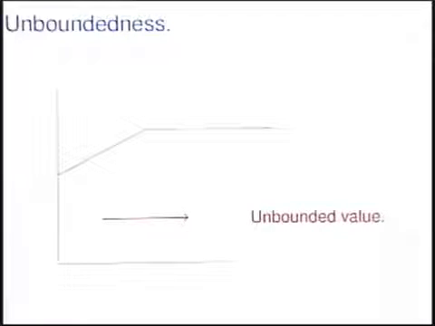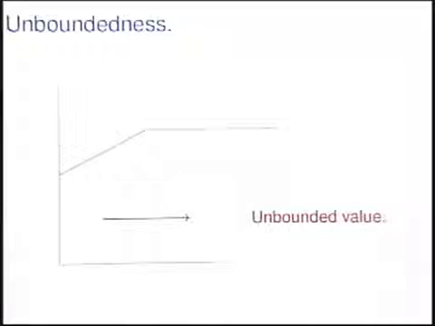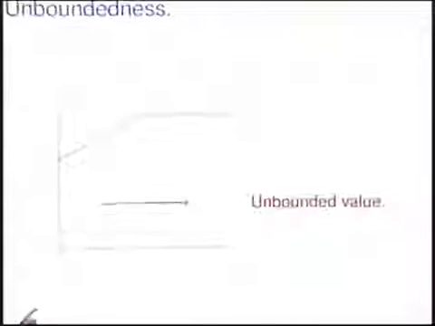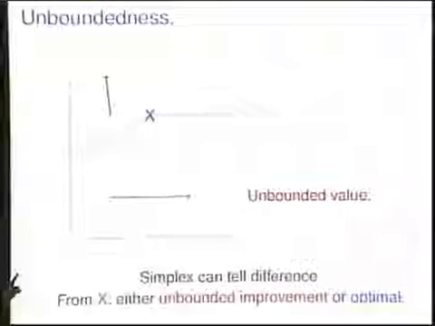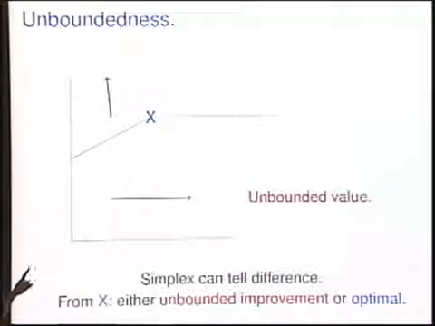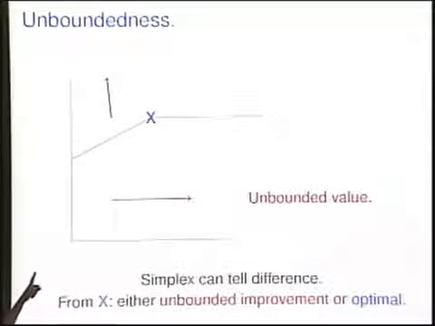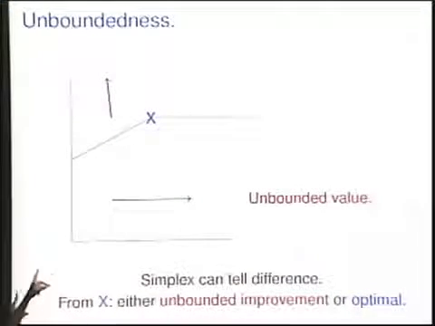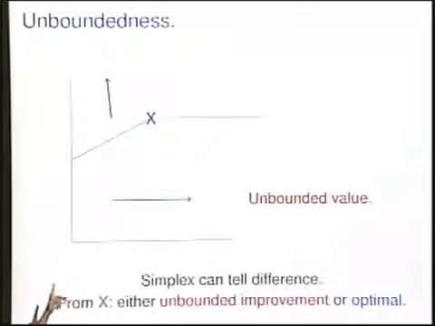Okay? So that seems like a problem. It seems like maybe the simplex algorithm may not terminate. Right? And you can't just say because the region is unbounded doesn't mean there's an unbounded solution. If the objective function went this way, the optimal solution would be that blue x.